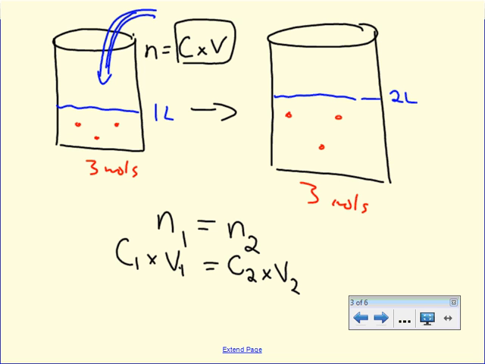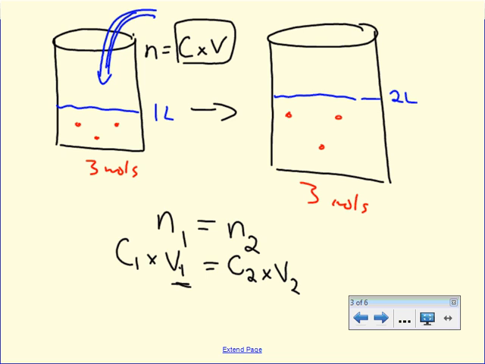As long as we know 3 out of these 4, we can solve for one of the others. So if I have a concentration of 15 molar and I want a new concentration of 1 molar, but I only want 200 milliliters of solution, I could find out how much I have to add in originally and then dilute to the new concentration or pour in more water.